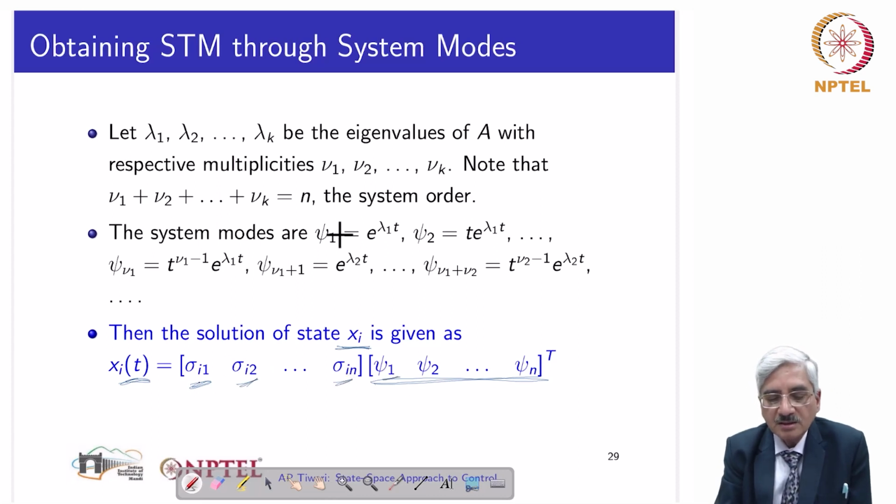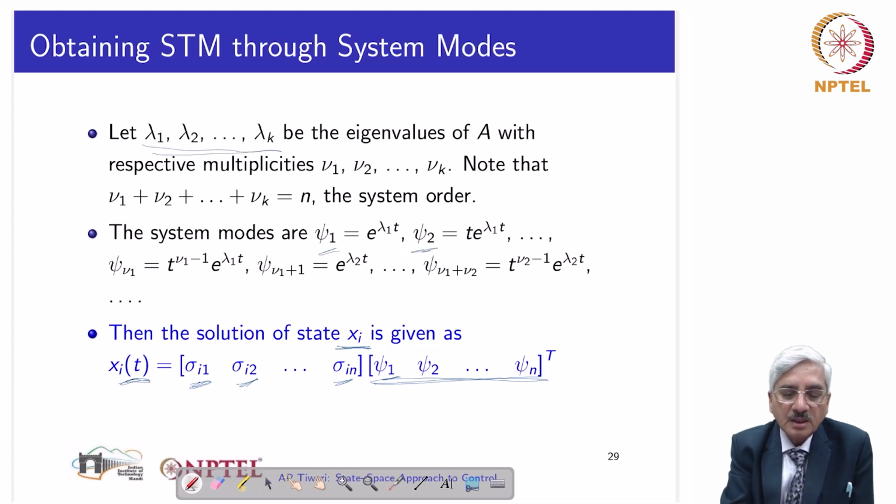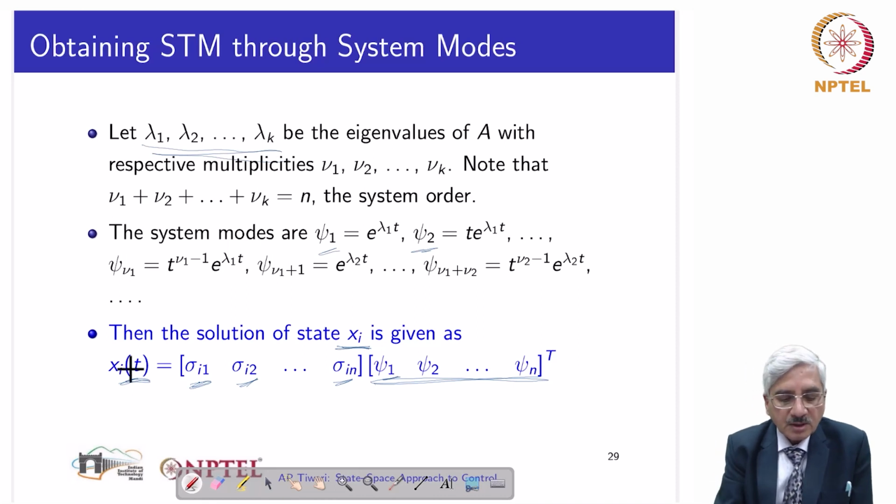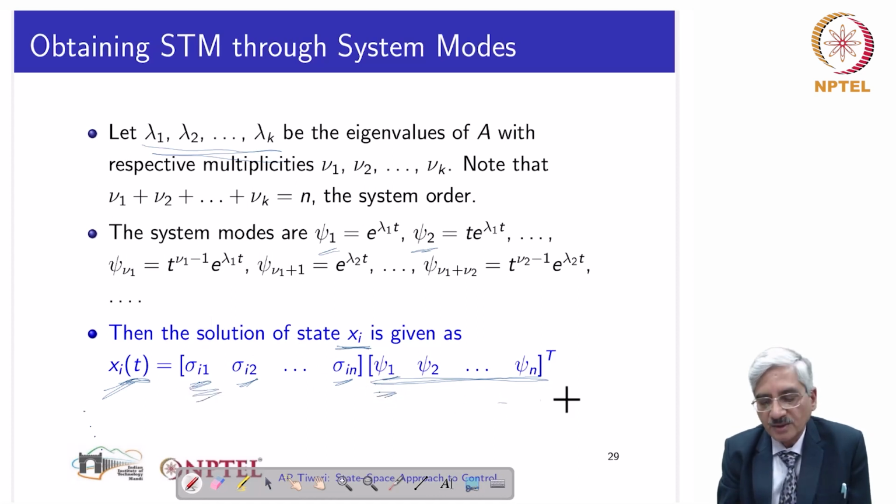And these modes are psi 1, psi 2, etc., which we built from lambda 1, lambda 2, etc. In this manner we obtain x1, x2, etc. up to xn. All are the respective weighting coefficients into these modes psi 1, psi 2, etc.